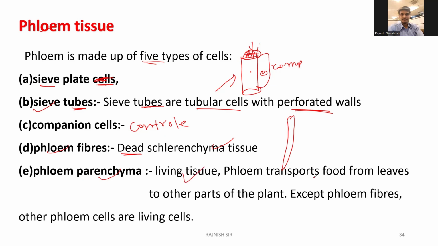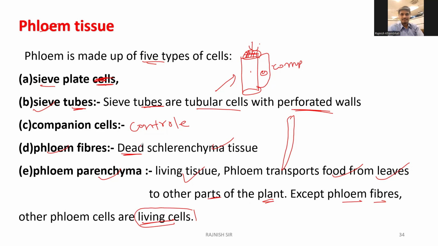It helps in food transportation from the leaves to other parts of the plant. Except phloem fiber, other phloem cells are living cells.